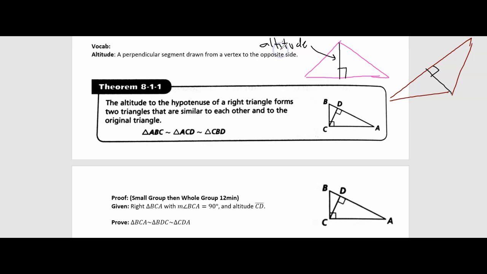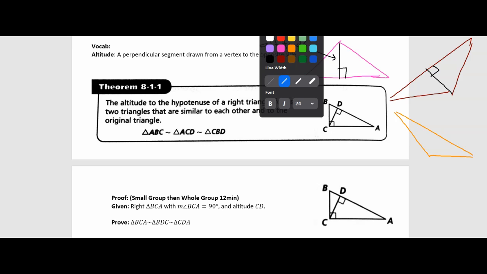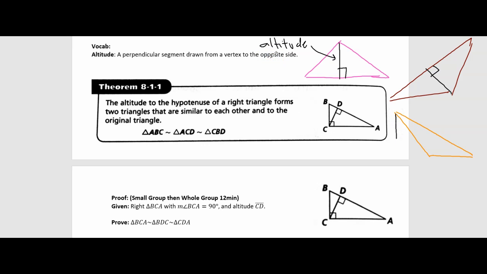Sometimes altitudes can actually fall outside of triangles. Say I had this triangle right here, and I was drawing an altitude from this vertex up here. That would be the altitude here. You just have to pretend that this other side is being extended. We're not going to talk too much about altitudes that fall outside of the triangle.